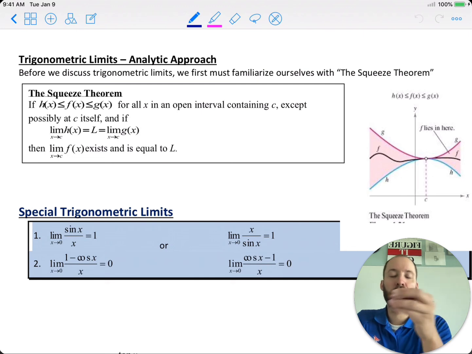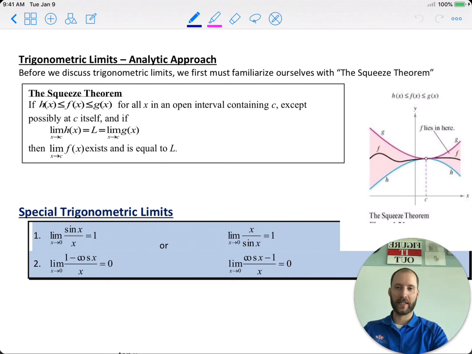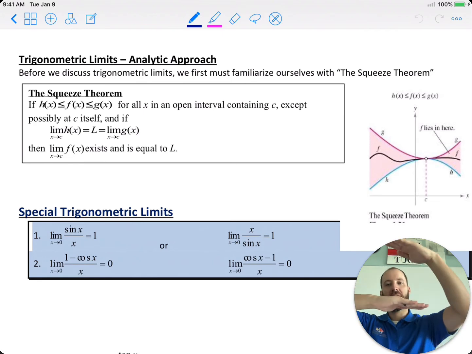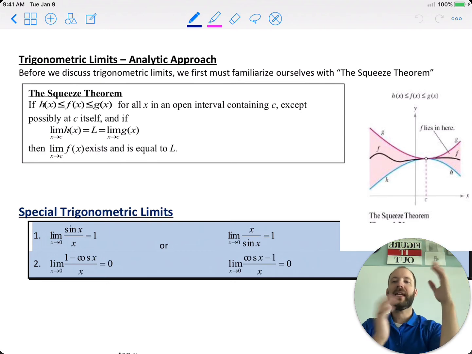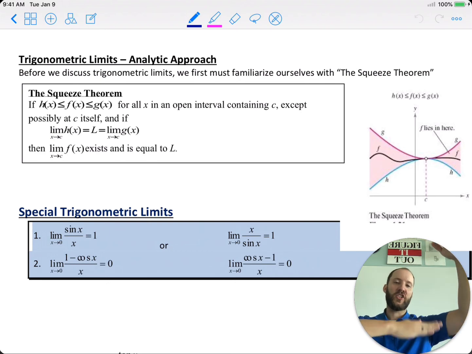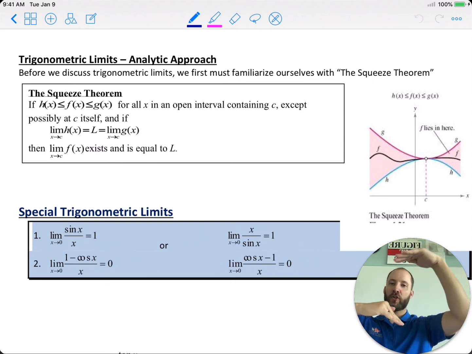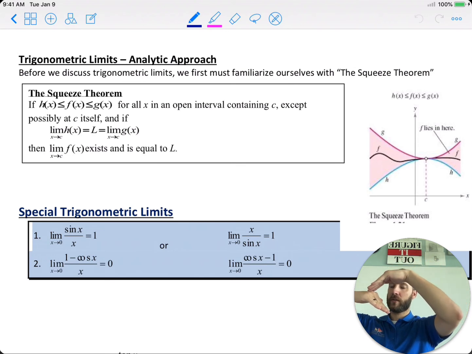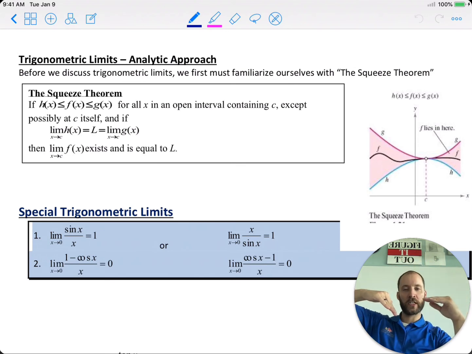Let's say you have 3 functions, h, f, and g, and they're all kind of stacked. So h on the bottom, f in the middle, g on top. If h and g kind of converge towards each other, f will also, stuck between them, have to converge.